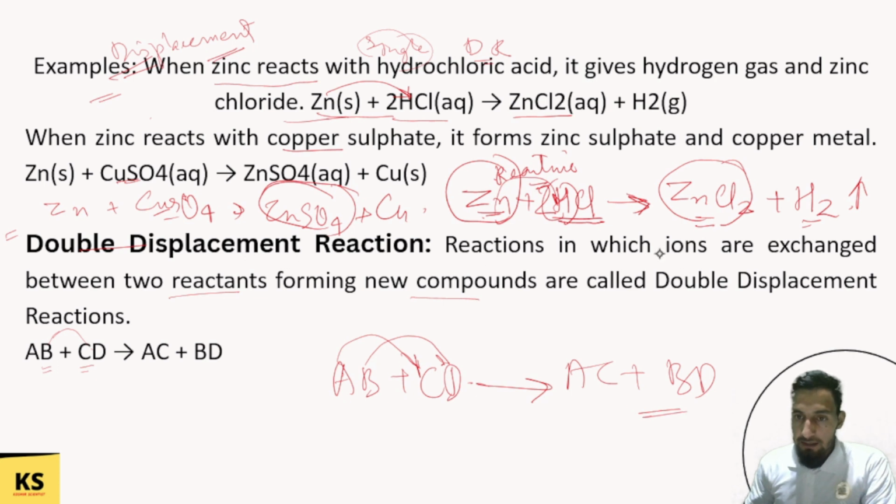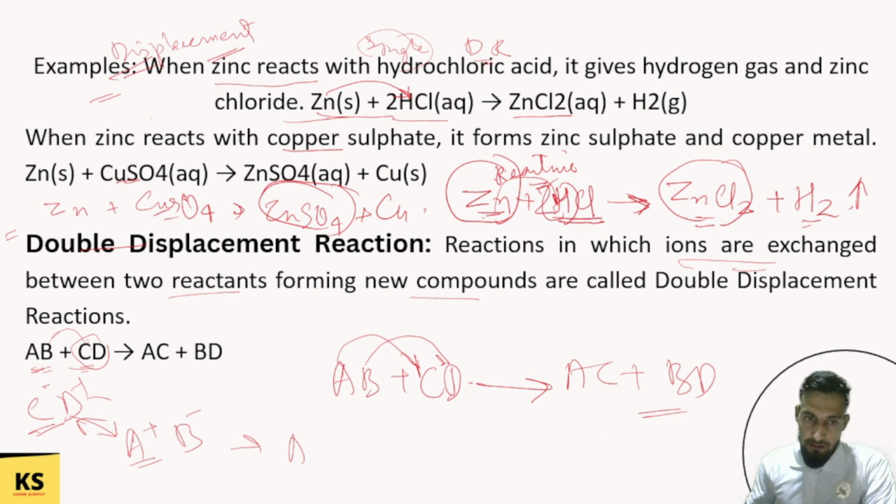Actually what happens is there is ion exchange. A takes the ion C from this compound. For example, A is positive, B negative, and C is negative and D positive. Now, C negative and A positive make a compound, and D positive and B negative make a compound, and we get AC plus BD.